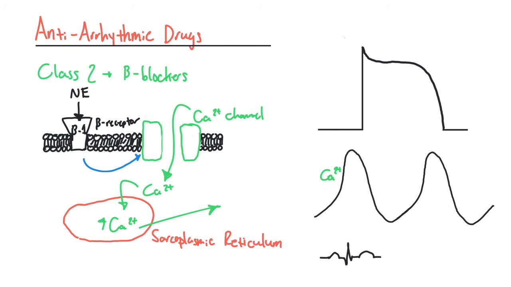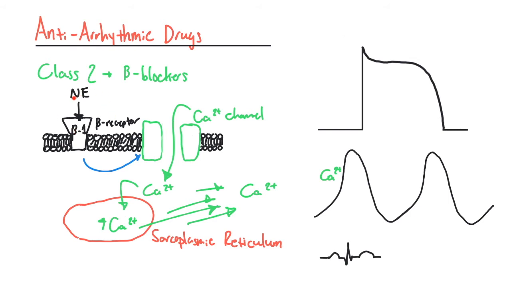As we see the rise in the calcium levels inside the sarcoplasmic reticulum, this will cause a very great amount of calcium to pour out into the cell, thus causing the depolarization that we see over here in the pacemaker action potential. So in this way, norepinephrine is able to actually signal this pacemaker action potential to happen early. It will happen just slightly before this normal depolarization would, and it will increase the heart rate.